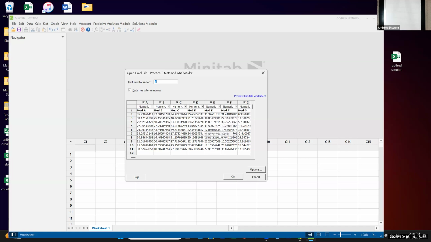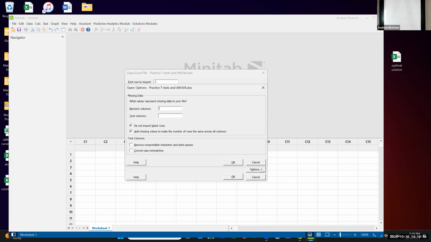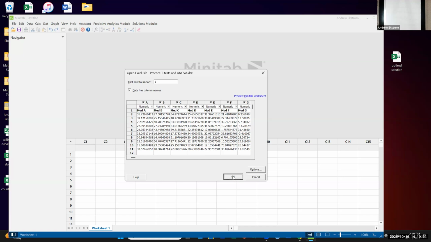And I'm just naming these things different medications. Is that where this data comes from? Absolutely not. From time to time, if you open an Excel workbook that has multiple sheets in it, there'll probably be an option here to open, say, sheet 1, sheet 2, sheet 3. The options here, not much going on with this. So I can go ahead and click on OK.